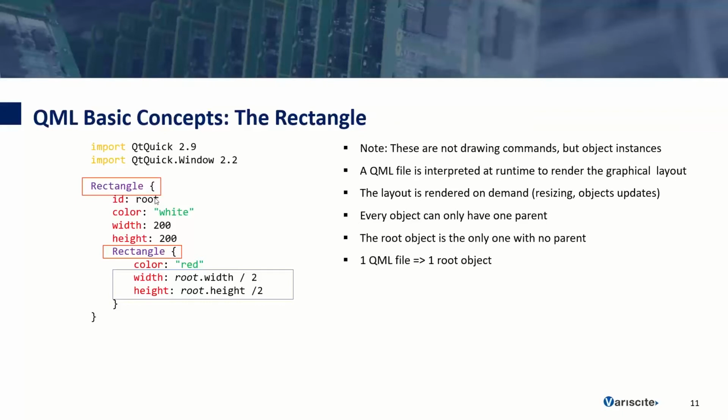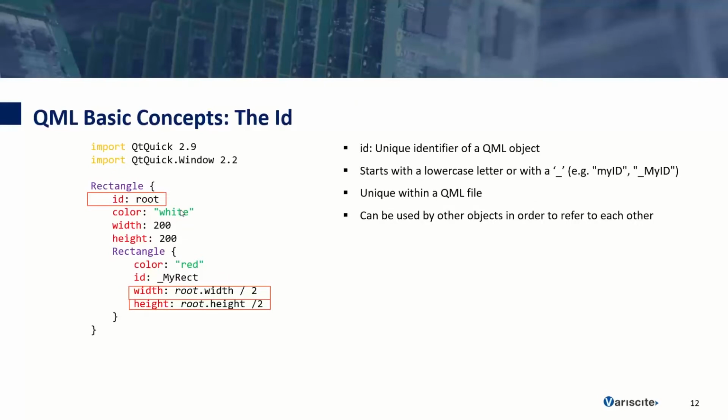And as you can see, one of the first properties here is the ID. Let's talk about the ID because it's very important. The ID is the unique identifier of a specific QML object within a QML file. Generally speaking, the main object may always be referred to as the root.